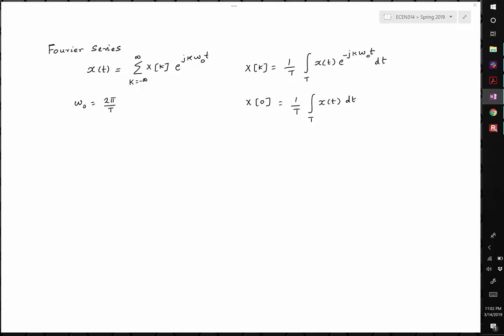And of course when k is 0, this reduces to x of 0 being 1 over T times the integral over one time period x of t dt.